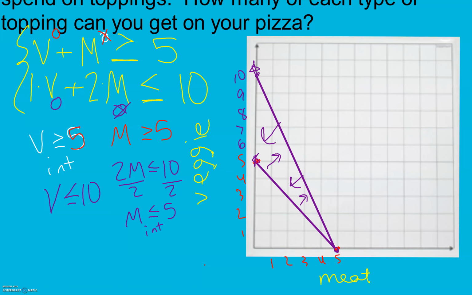Keep in mind, though, that we can't have 3.2 meats. Okay, so our solutions are just going to be our whole number values here. So just on the corners where we have whole number, I'm not hitting the corners very well, but just the corners here where we have answers.